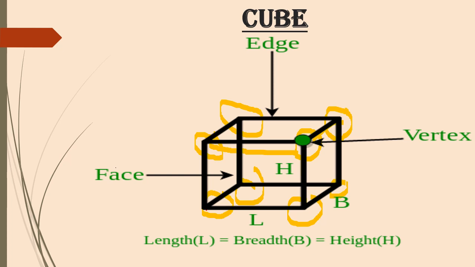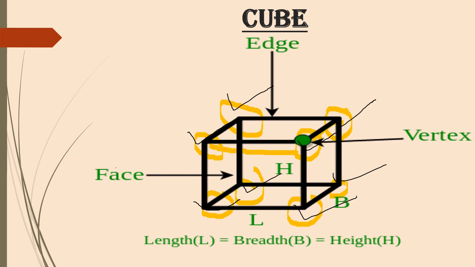So how many vertices are there? Can you count? There are 1, 2, 3, 4, 5, 6, 7 and 8 vertices in a cube.